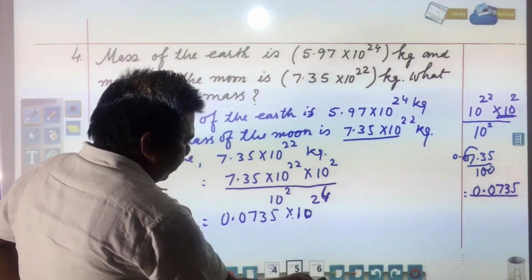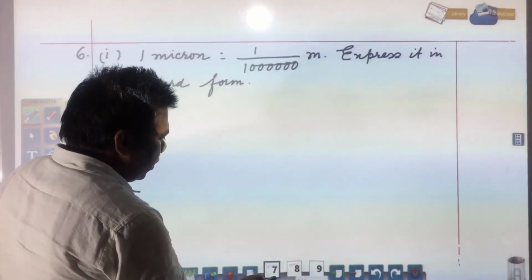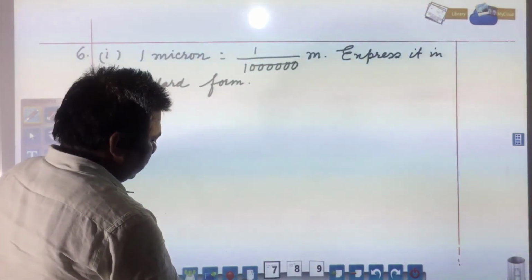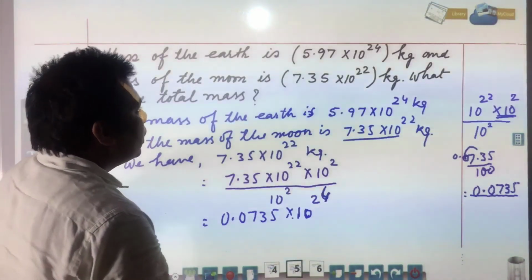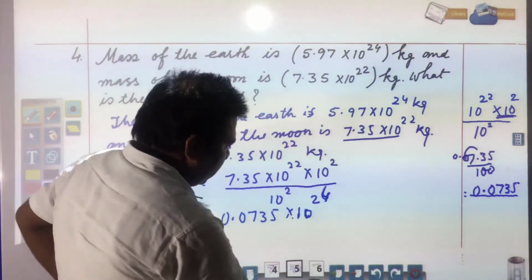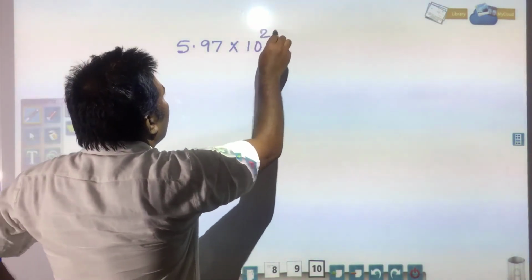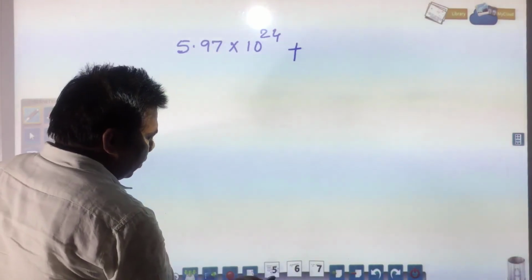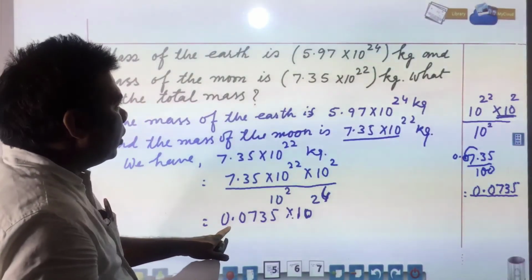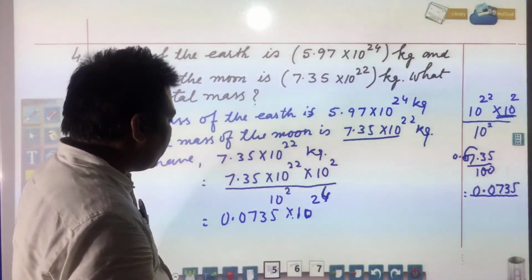You see, you had 5.97 into 10 to the power 24 plus the other number you have 0.0735 into 10 to the power 24.